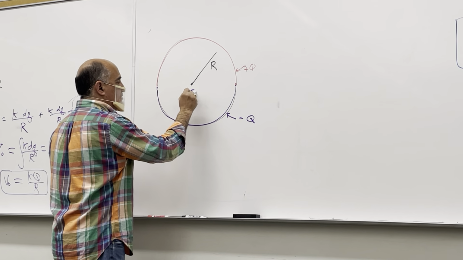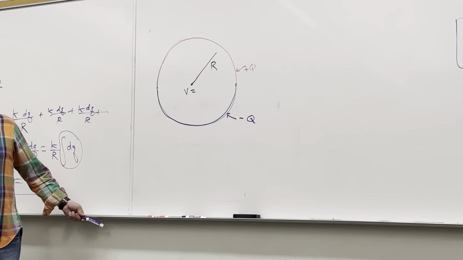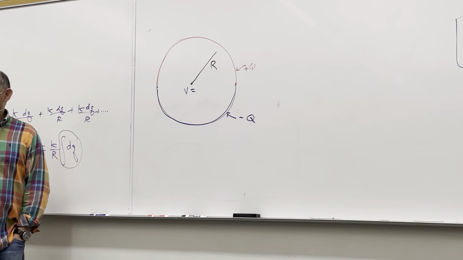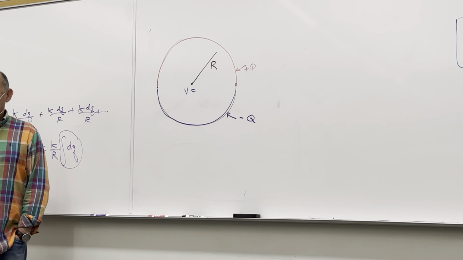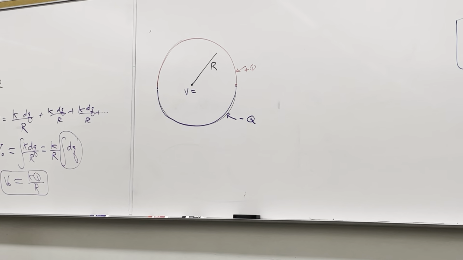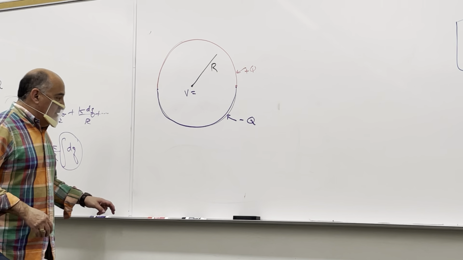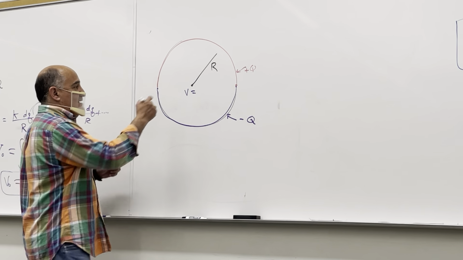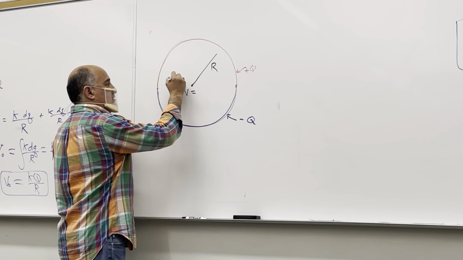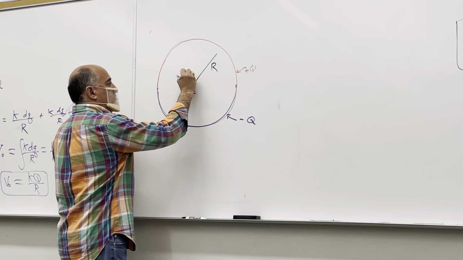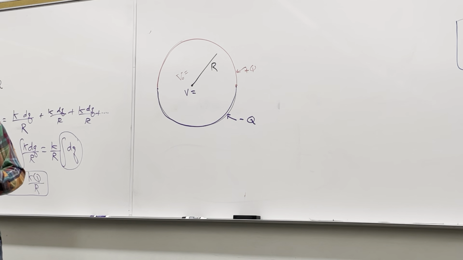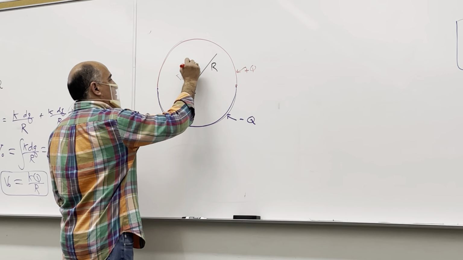What's the potential at the center? 0. Now you'll have cancellation, but not because of the vectors, but because what will be the electric potential here due to the red charge? kQ over R.